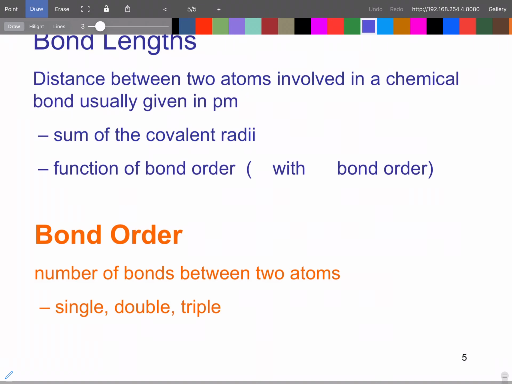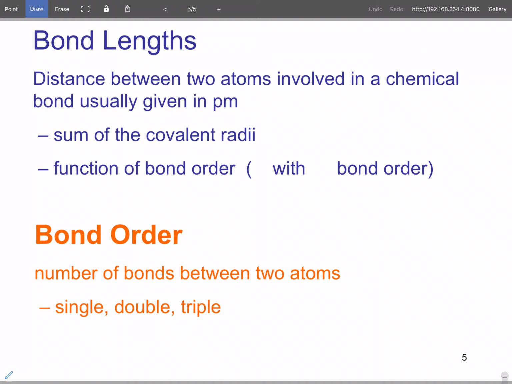Now, bond lengths are important, and we'll go through those again once we've made it through the bonding. But the distance between the two atoms involved in a chemical bond is usually given in picometers. It's the sum of the covalent radii. So when you put them together, you're actually looking at the distance.